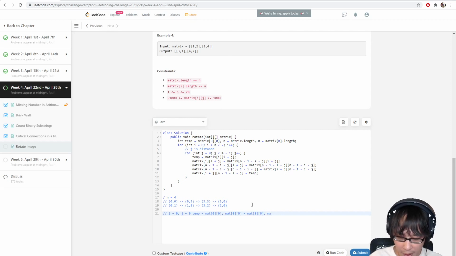And we have matrix[3][0] equals, oh, I'm so stupid.